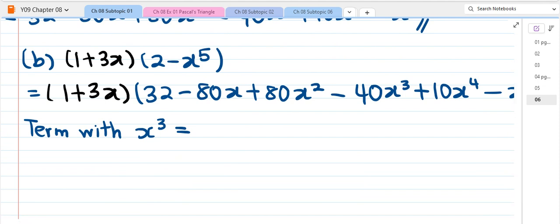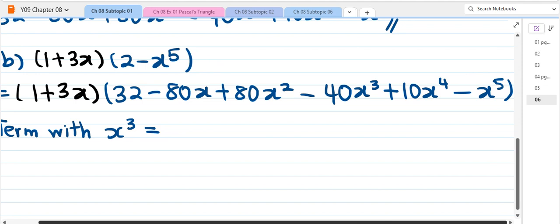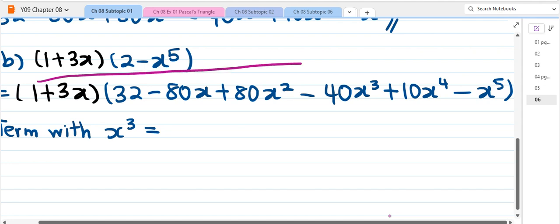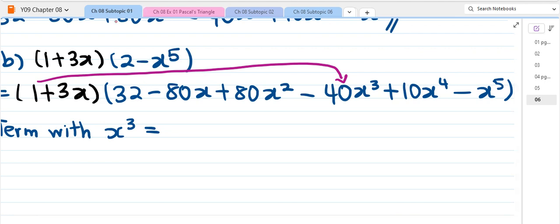So say, if I were to multiply 1 with the next bracket by using expansion over here, the 1 you will have to multiply with only the term with x cubed, which is negative 40x cubed. And as for the 3x, that's the second term in the first bracket, you will have to multiply it with something that will give you x cubed after multiplication.